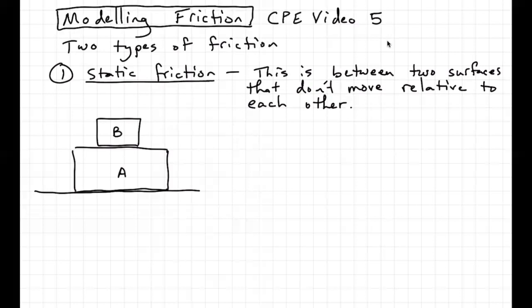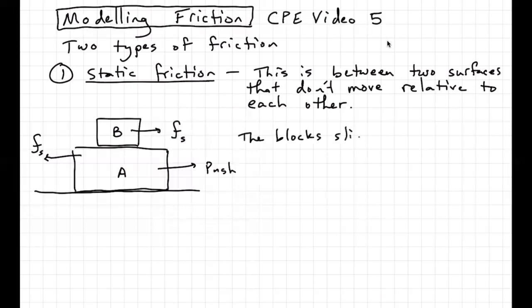And in the problem, the two blocks move together. There was some push on the bottom block, and the thing that moves the top block is friction forward. And I'll denote this friction sub S for static friction. And then we also had this frictional force in the opposite direction on block A. These blocks slide together, and that's the key here. So even though they're moving, they're not moving relative to each other.